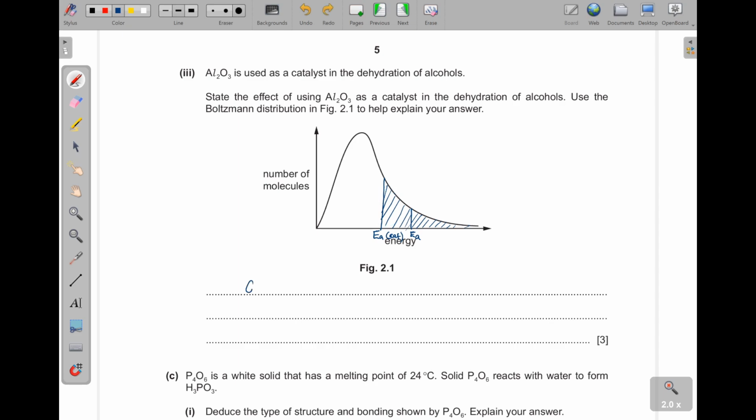So I will say greater proportion of molecules with their energy greater or equal to activation energy. Therefore, the frequency of effective collisions increases.